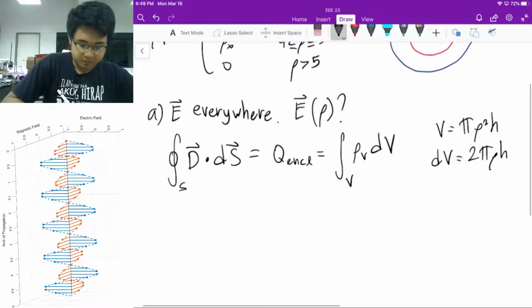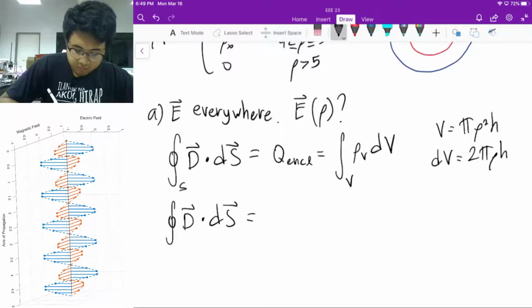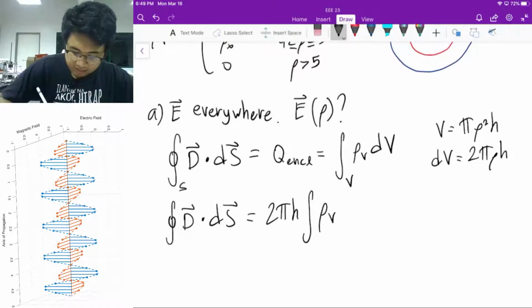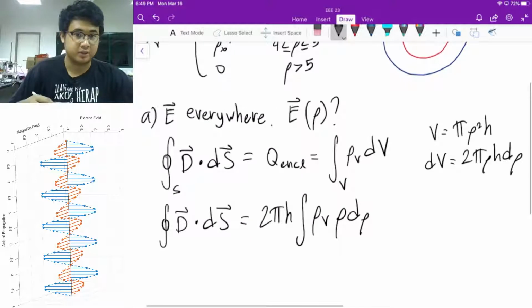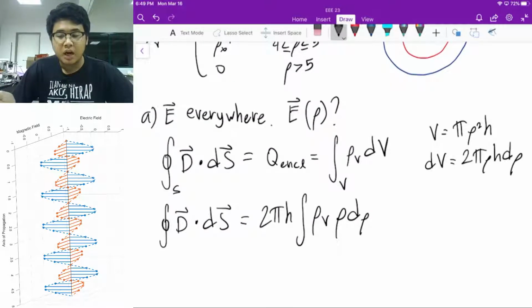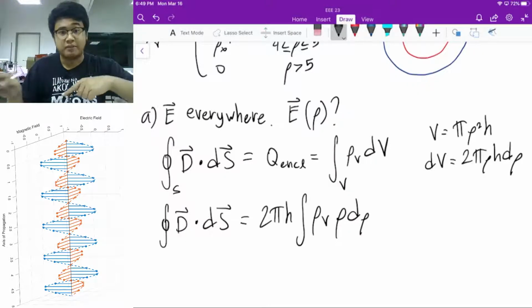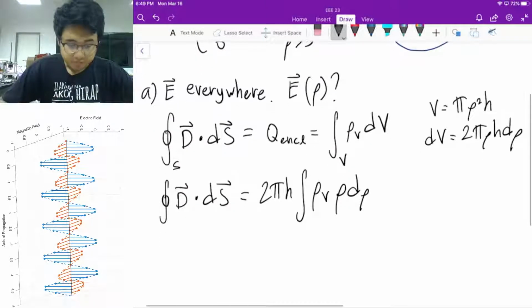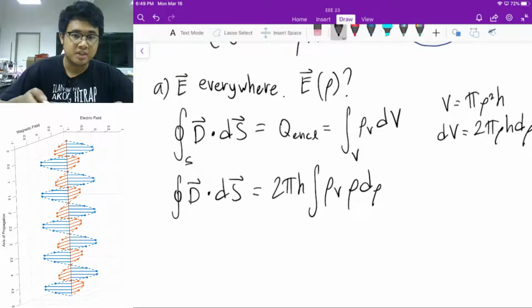Therefore, our closed surface integral of D dot dS is equal to 2 pi h times the integral of ρ v times ρ dρ. I forgot the dρ here. I apologize for that. When you're getting differential of some value, there should be a differential value also on the other side of the equation. Right. So this is an expression for your closed surface integral.